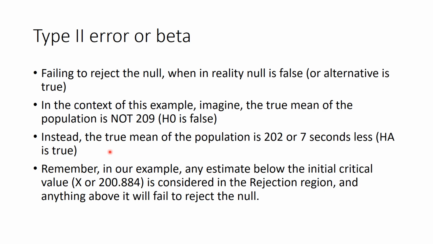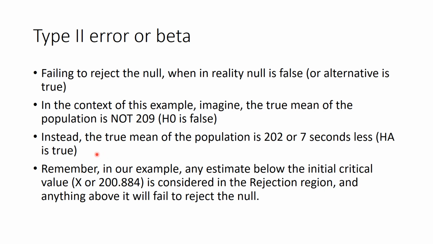Instead, the true mean of the population is 202 seconds, or as the question is asking, 7 seconds less. So our alternative hypothesis is true, or it's like we are imagining our alternative is true.